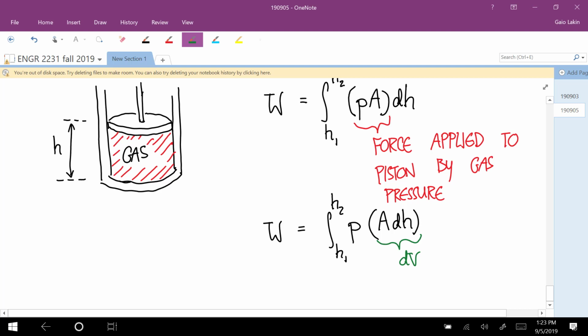That's the only way the volume can change. And so this comes out to be the integral from the starting volume to the ending volume of P dV.